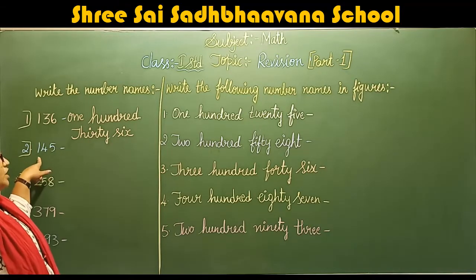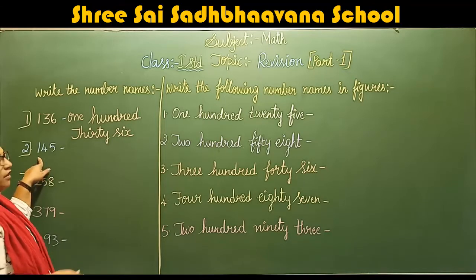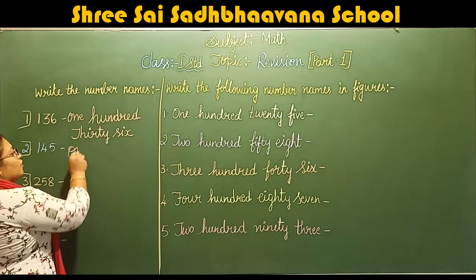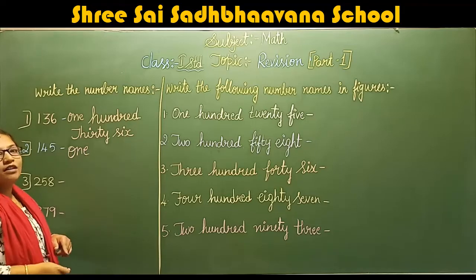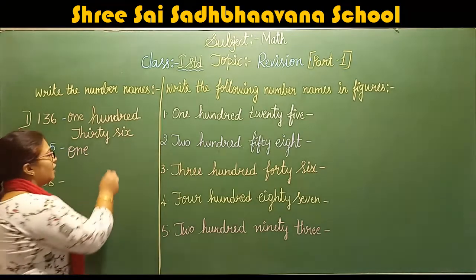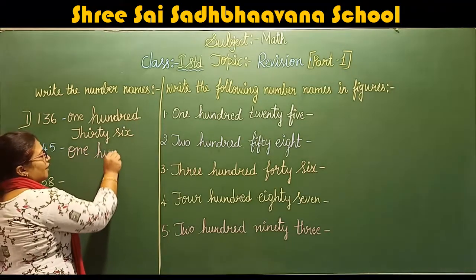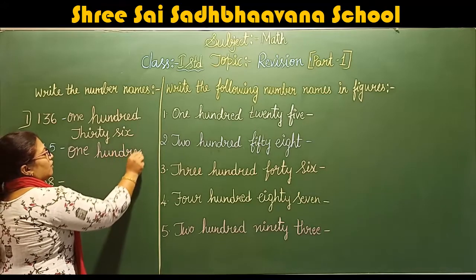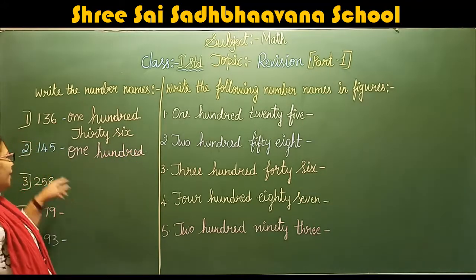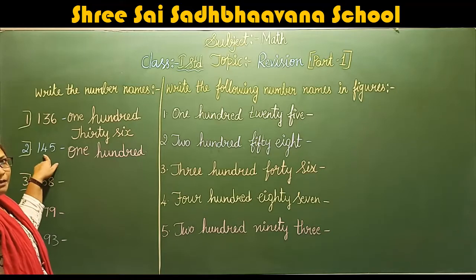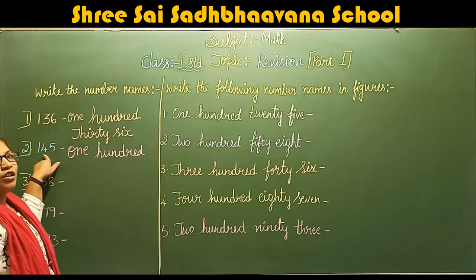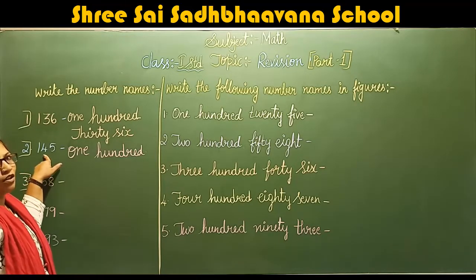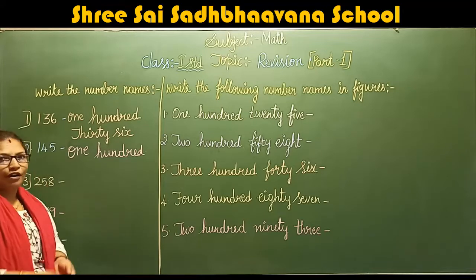So the next one is 145. How much is in the hundreds place? 1. So what you have to write? One hundred. What is there in the tens place? 4 is there. So 4 tens become how much? 40. What is the 40 spelling?